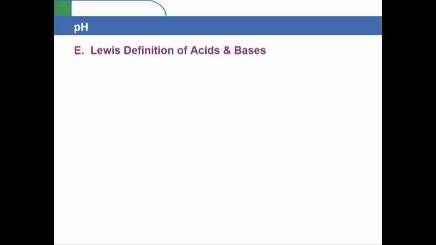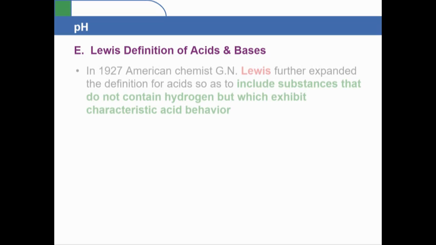So basically, this looks at it not from the point of view of what's giving up or receiving a proton, but instead what is able to accept a proton or not.